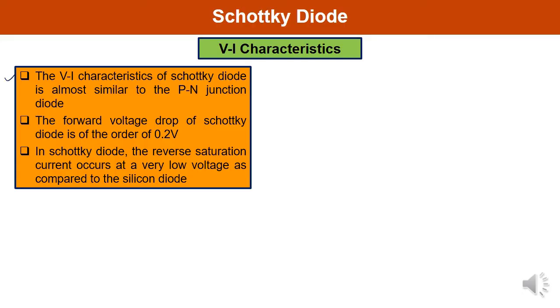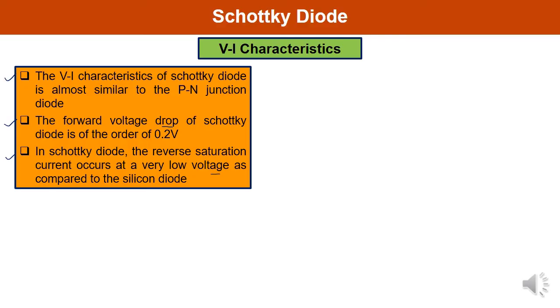You must remember it. But here the forward voltage drop of the Schottky diode is of the order of 0.2 volt, which is relatively less than the voltage drop of the silicon diode. And in case of Schottky diode, the reverse saturation current occurs at a very low voltage in comparison to the silicon diode.